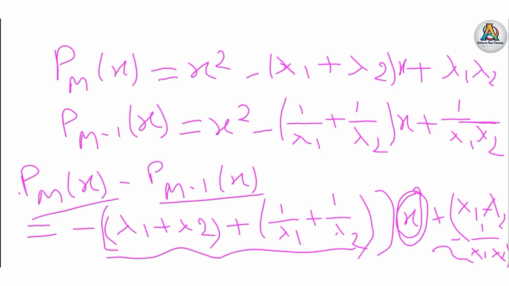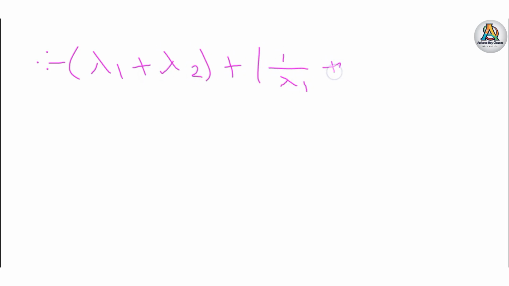So we have to find those values of lambda 1, lambda 2 for which the coefficient of x, minus (lambda 1 plus lambda 2) plus 1 by lambda 1 plus 1 by lambda 2, is equal to 0.